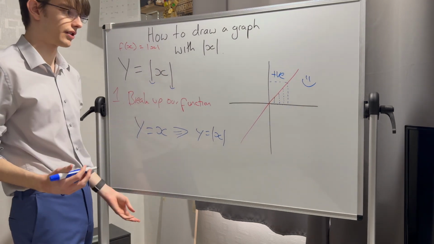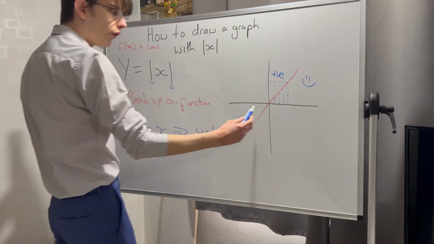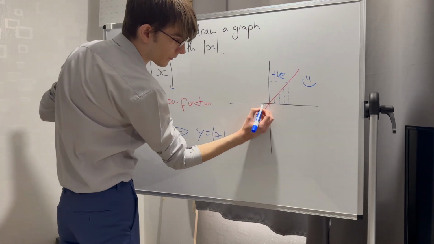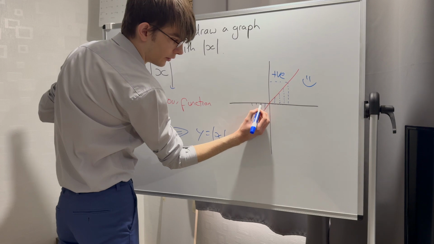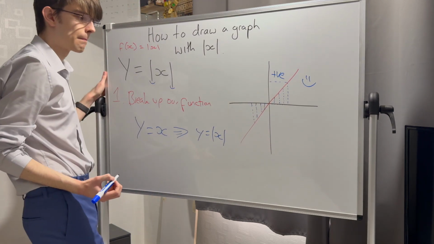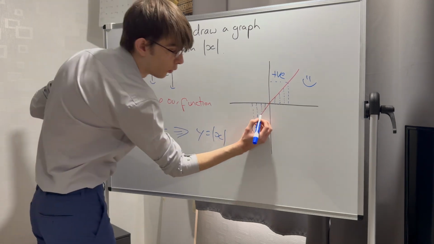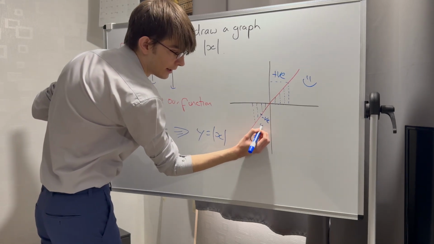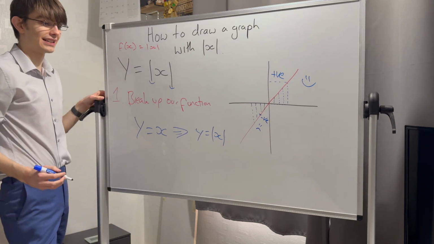I want everything to be positive. On the left-hand side, though, any of these x values, if I draw lines down to my graph, I notice that they are now negative. I am now on a negative y value.